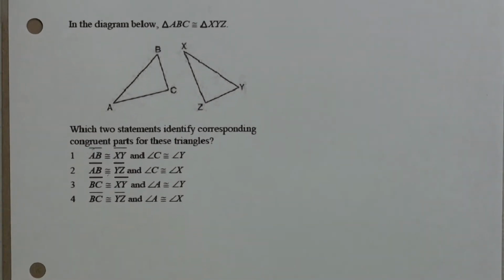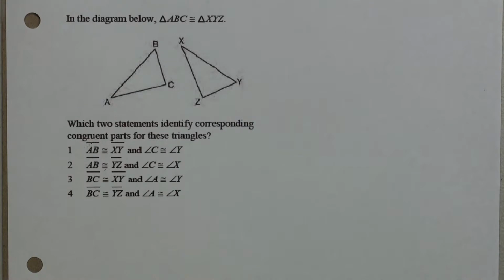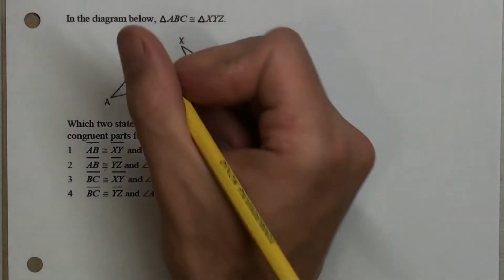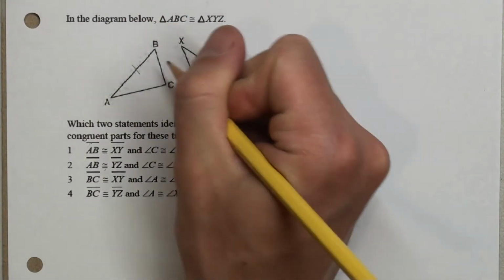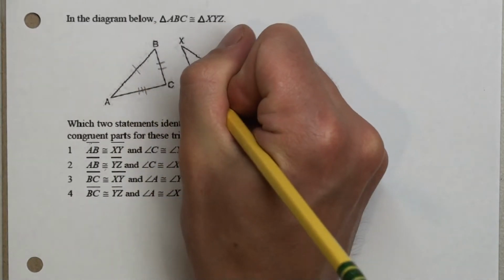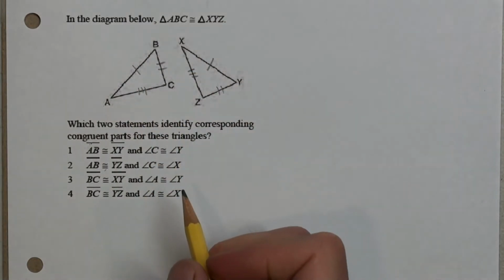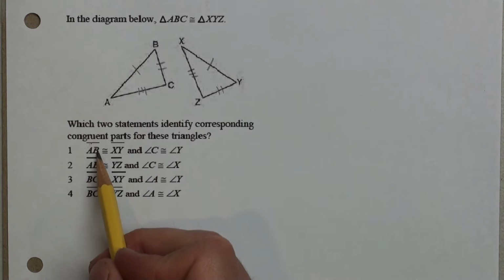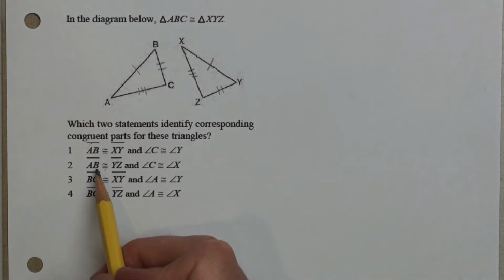Diagram below, two triangles. Which two statements identify corresponding congruent parts for these triangles? Let's see. AB and XY, BC and ZY, AC and YZ. So which one has that right? AB and XY, so it could be 1.